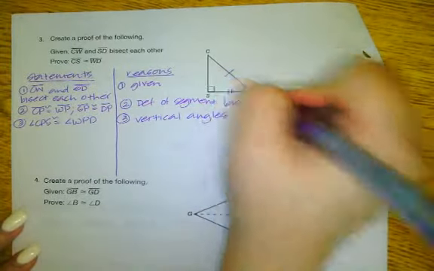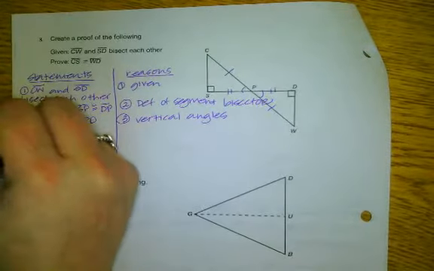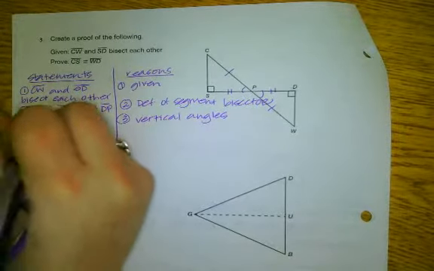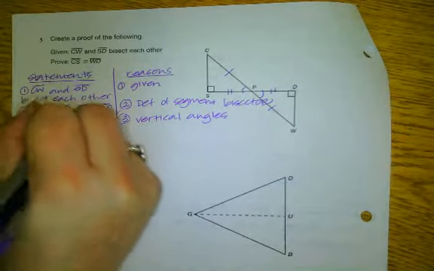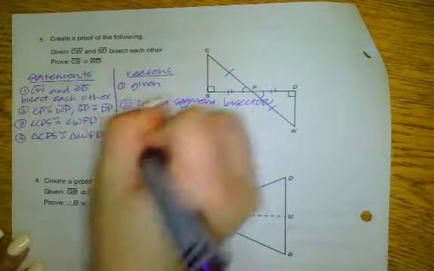Okay, do we have three things in each triangle congruent? Yes, so that means we can write a what? Congruency statement. So what would our congruency statement be? Very good. What would be our reason?